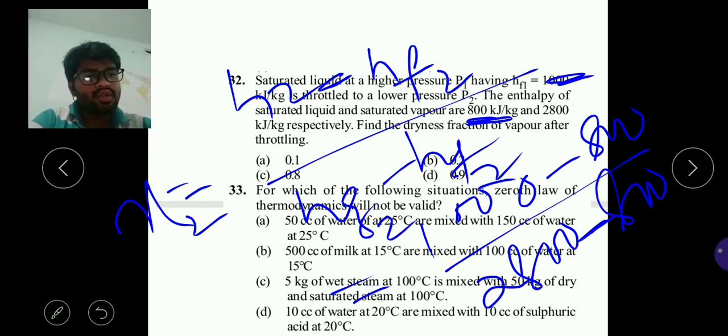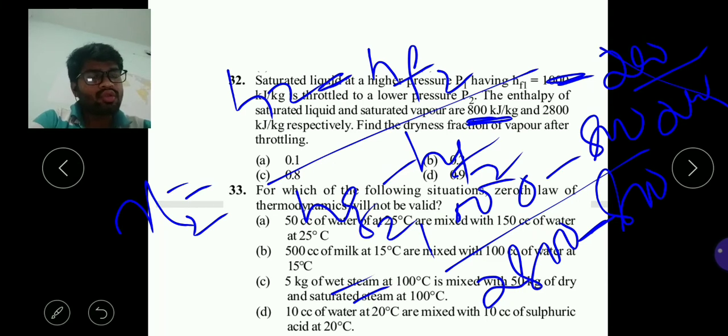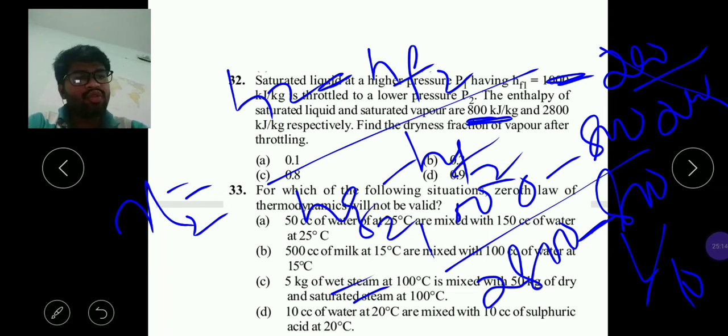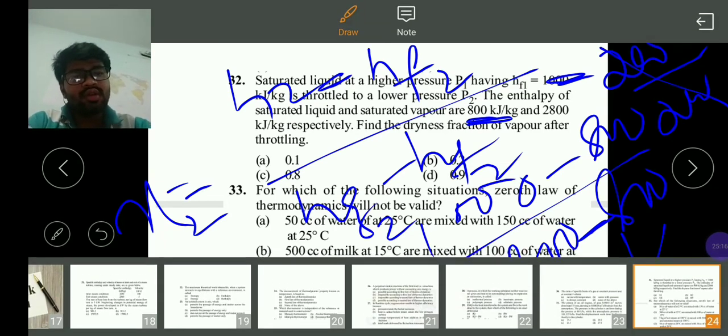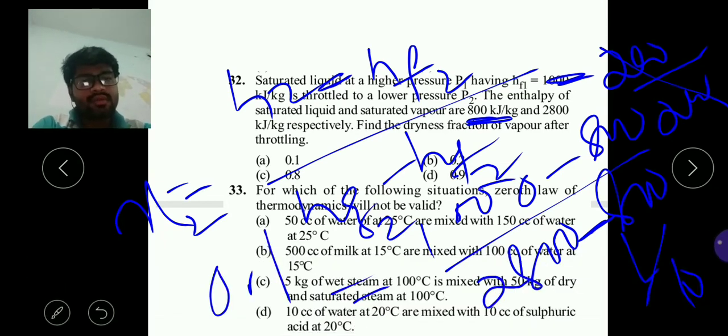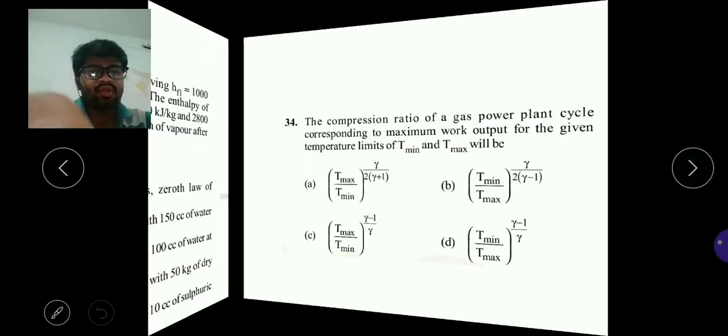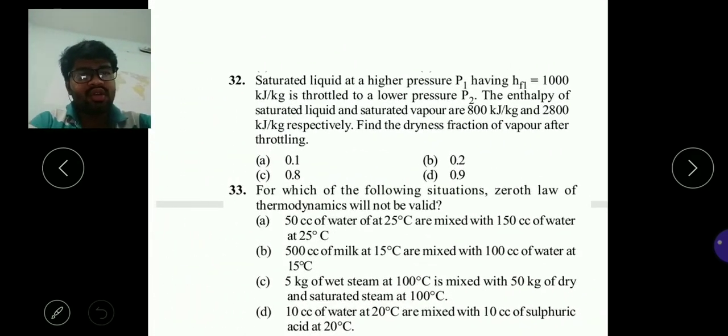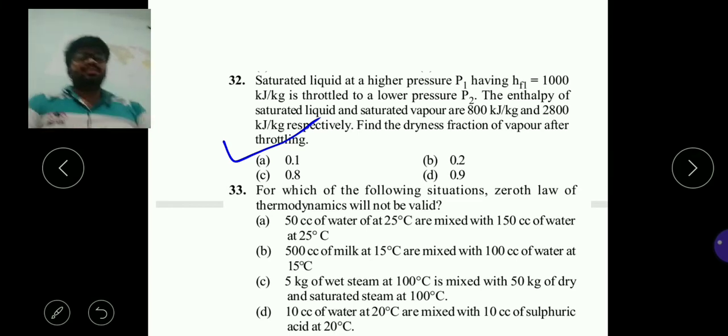So here 1000 minus 800 is 200, divided by 2000. So we can calculate 1 by 10, that will be equal to 0.1. So 0.1 will be the answer here. So option A will be the correct one.